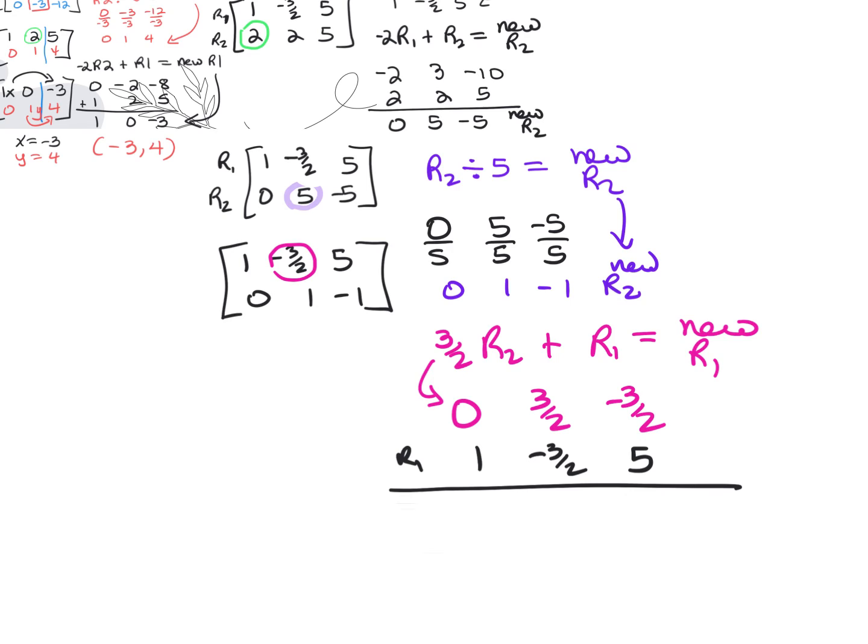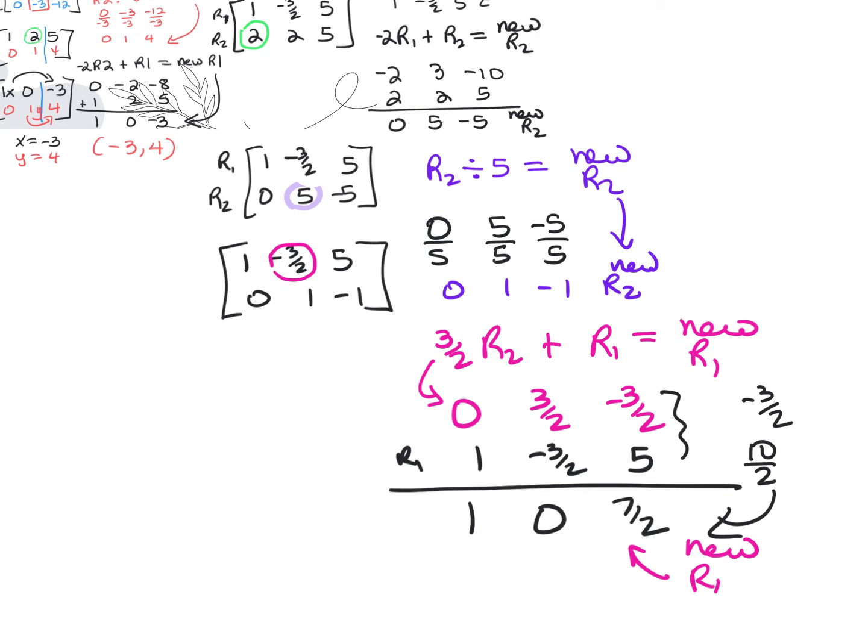I'm going to add up, and I end up with 1, 0. I need to get a common denominator here, so I'm going to change the 5 into 10 over 2. And then this gives me 7 over 2 once I do the math there. So this is now my new row 1. So I have 1, 0, 7 over 2, 0, 1, negative 1.